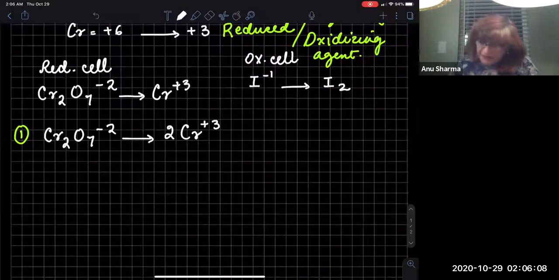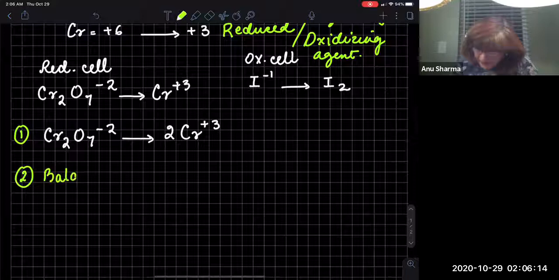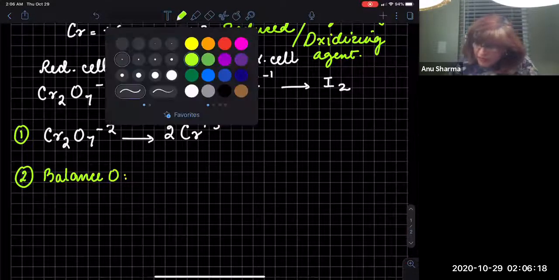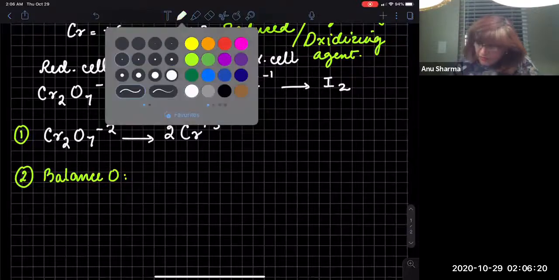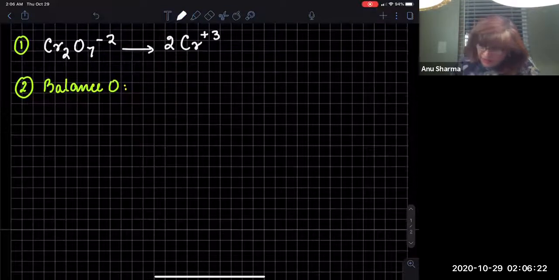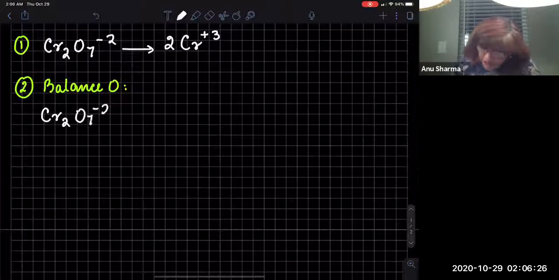Okay, next step is you're going to balance the oxygen. And how do you do that? You're going to add water. So here is your Cr2O7 -2. And on the other side, we need to bring oxygen, so 2 Cr +3 is going to stay.